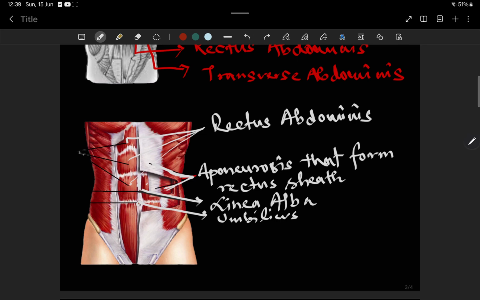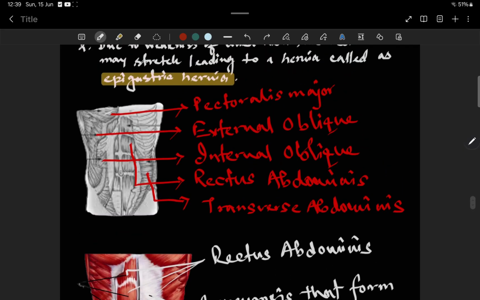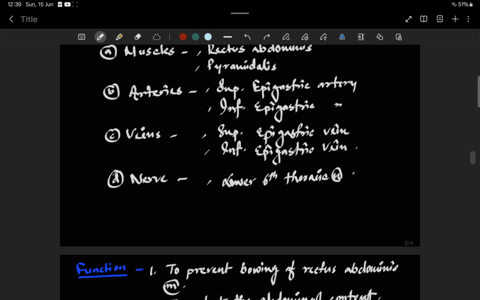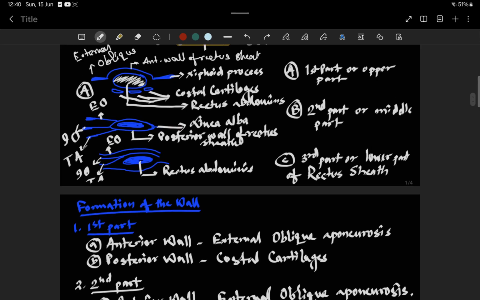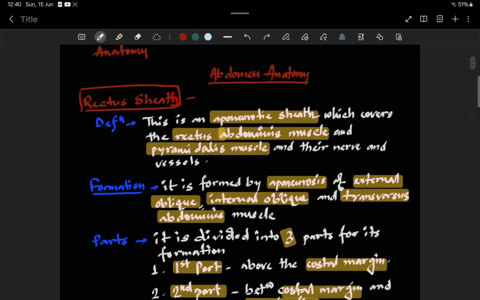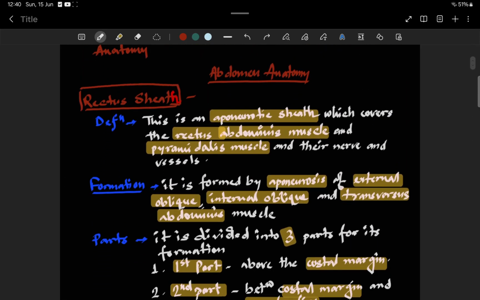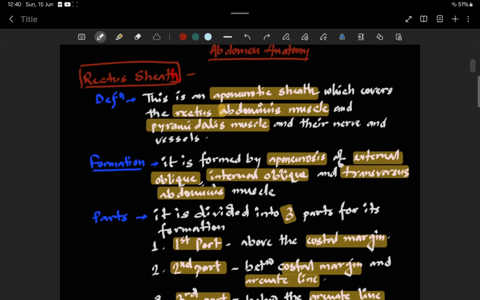Okay, students. So from today, the whole rectus sheath, we'll revise it again. Under the rectus sheath topic, definition: it is an aponeurotic sheath which covers the rectus abdominis muscle and the pyramidalis muscle and their nerve and vessels.